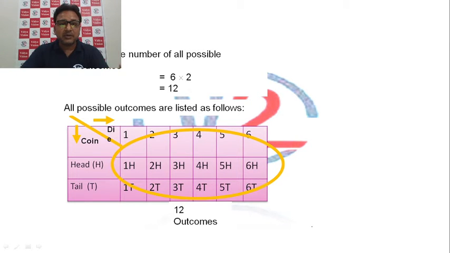Like this, how many possible outcomes will there be? With 1, 2, 3, 4, 5, 6, there are 6 outcomes with the head and 6 outcomes with the tail. It means the total number of possible outcomes is 12. We can count it, or we can multiply 6 into 2, and find easily that it is 12.